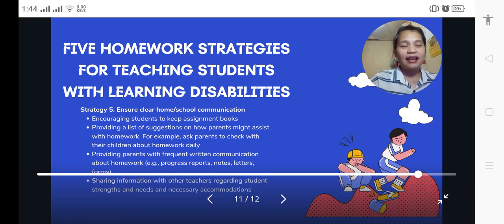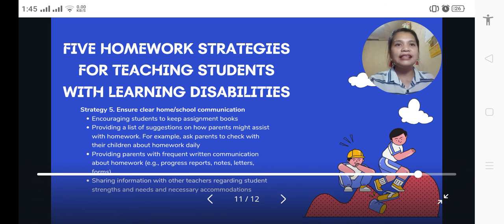So this is a letter. This strategy is writing a letter to the parents, and they give it to the child and tell the student to give this to your mama or your papa. Examples of this are progress reports, notes, and letters or forms.